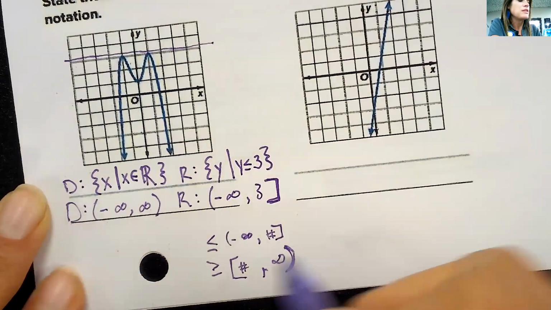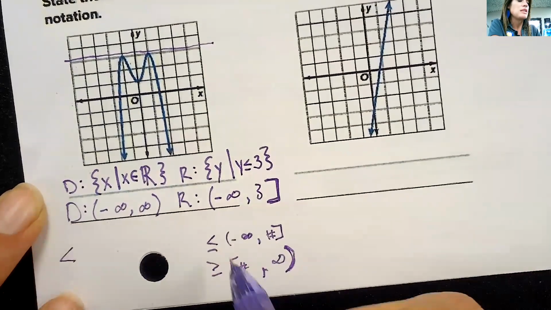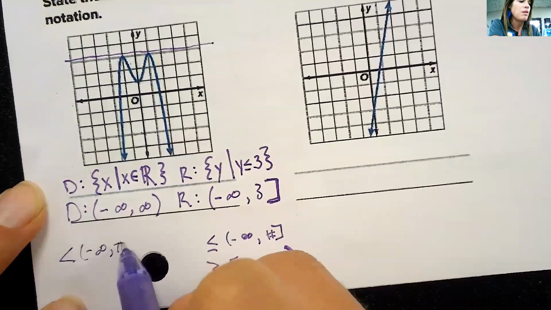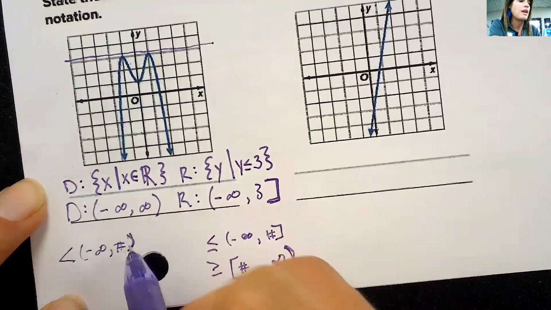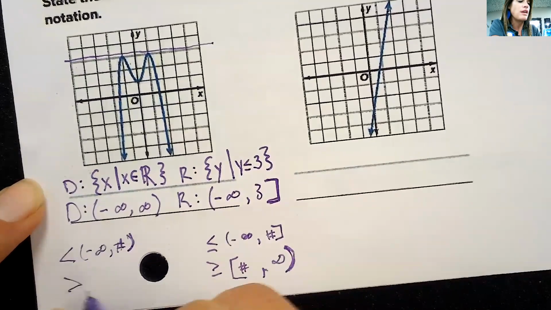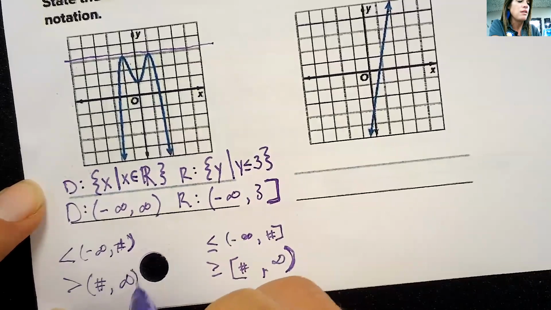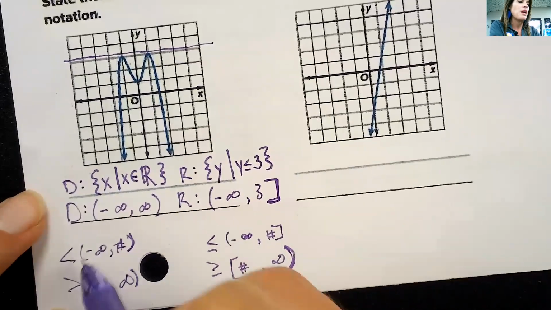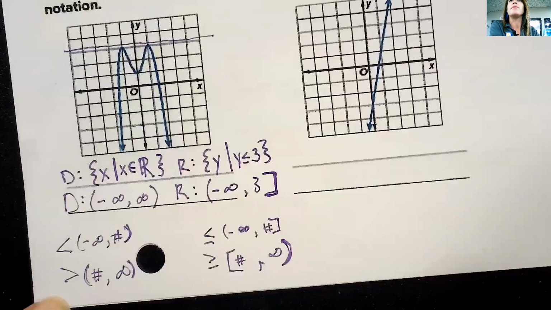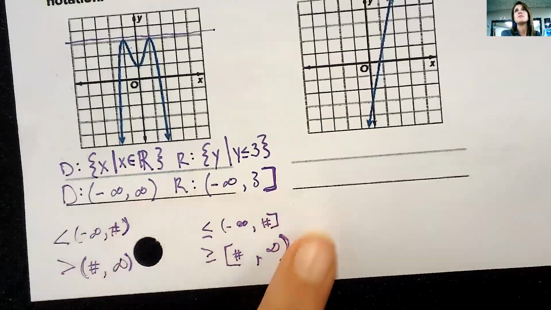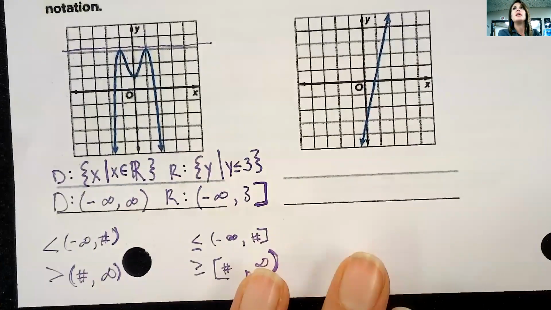If it is less than, then it's not going to include it. That's going to go from -infinity to the number, but it'll be a parenthesis on it, not a bracket. And if it's greater than, it's going to go from the number to infinity. Both of them parentheses, no brackets, because it doesn't include it. Okay, so that's an important note to have written down. That'd help on a quiz or a test. So write that down.